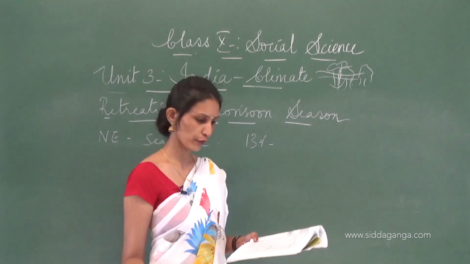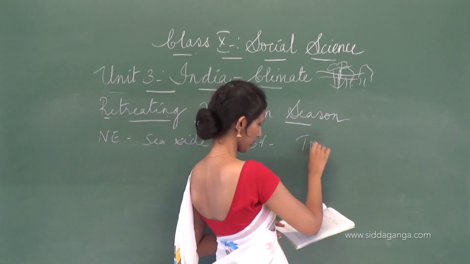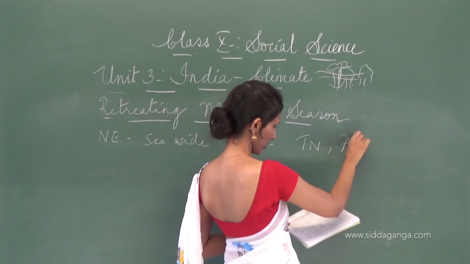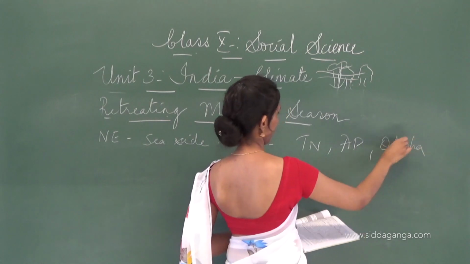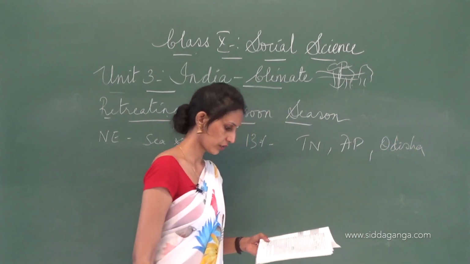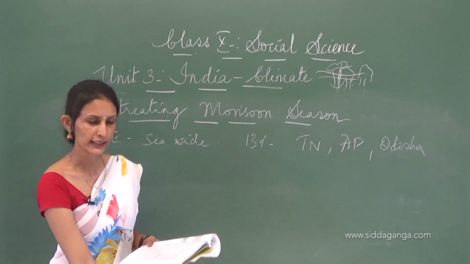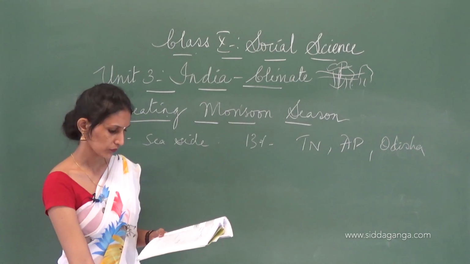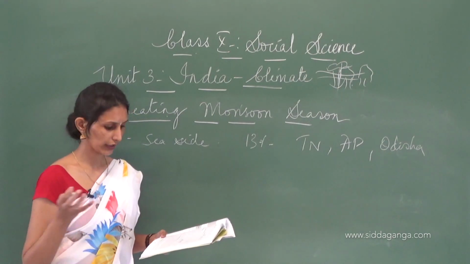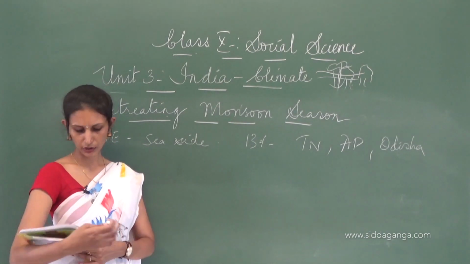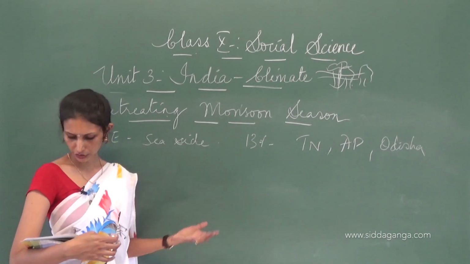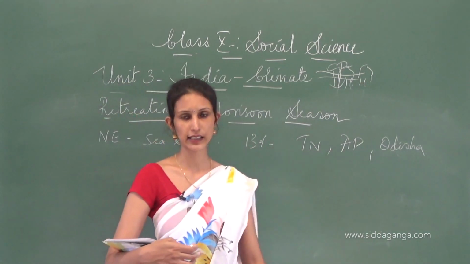Who get rainfall at this time are Tamil Nadu, Andhra Pradesh and Odisha. Now cyclones are going on in the Bay of Bengal during this season, and they also damage the sea coast that is there, which is on the eastern side.